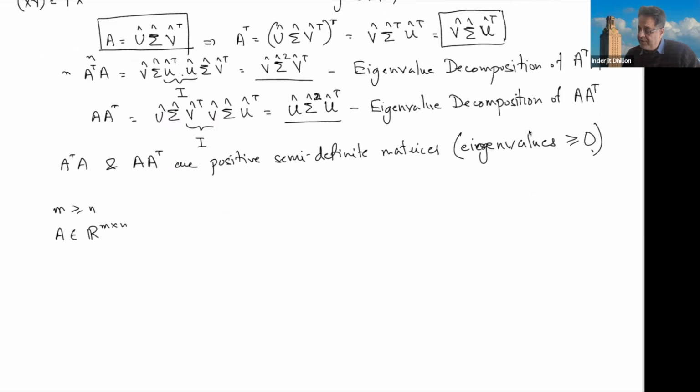And let me now write the SVD, okay? A is equal to U sigma V transpose. I have A transpose is equal to V sigma transpose U transpose. Sorry, not sigma hat. So here, by the way, I'm doing the full SVD, okay? So U is square and V is square, and sigma is actually rectangular.